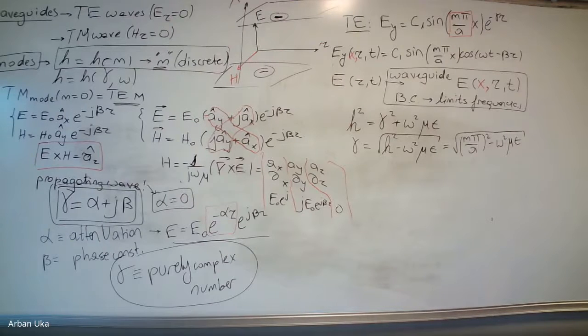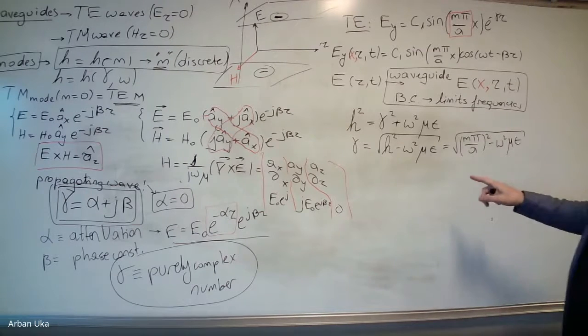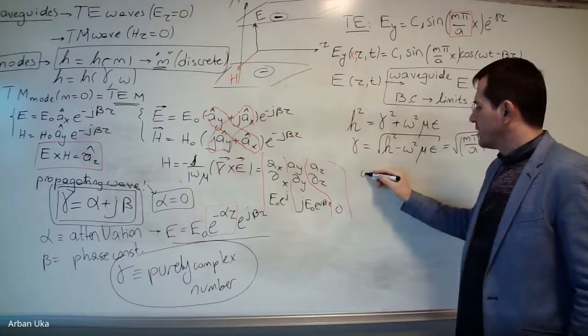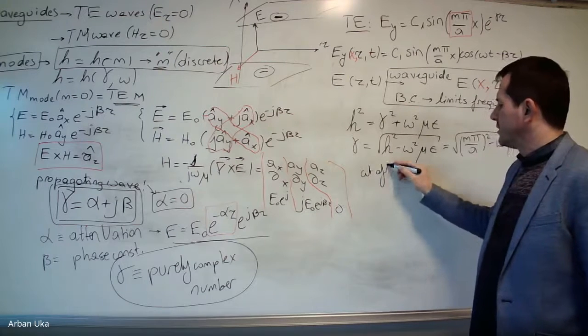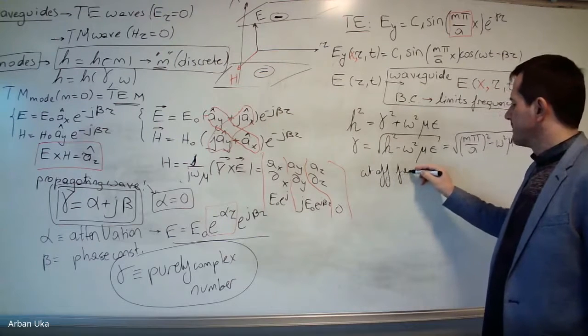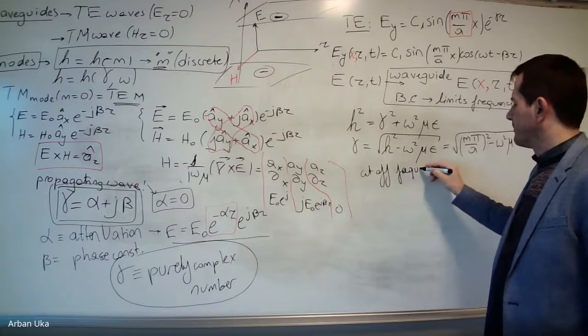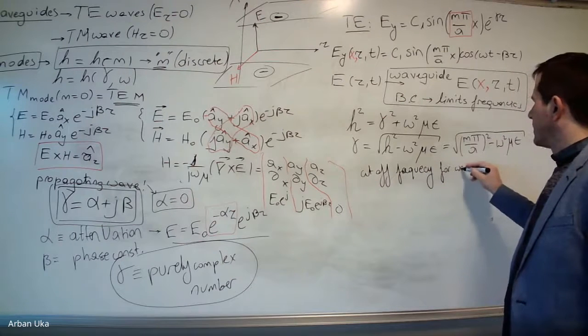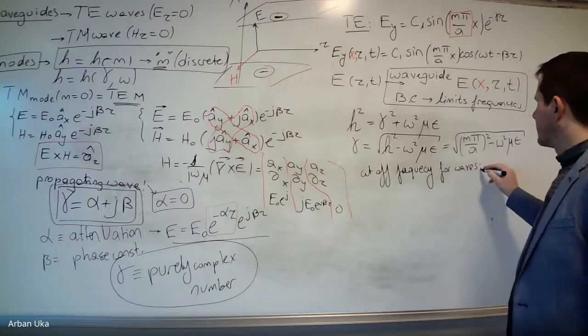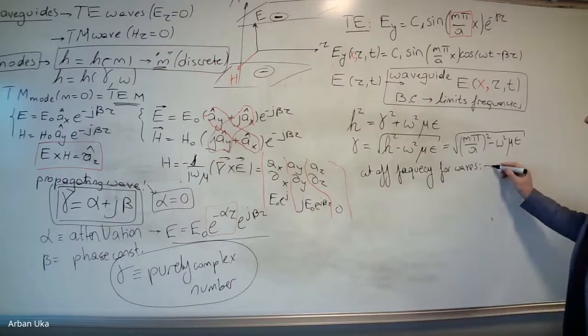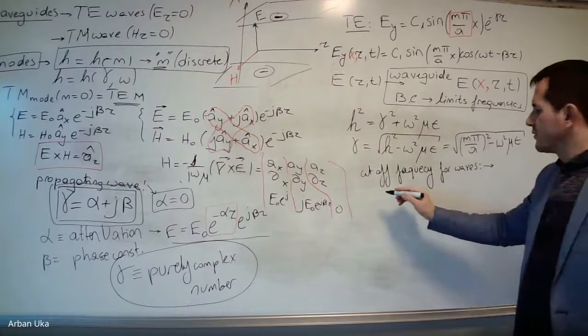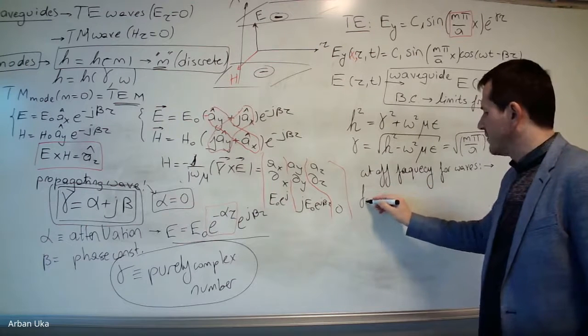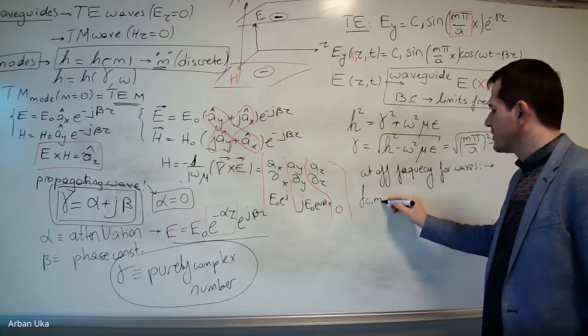And then we said that, from this expression, it looks like we have a cutoff frequency for the waves. So apparently we have a cutoff frequency for the waves, which makes itself apparent here. This cutoff frequency, we denote as F cutoff as a function of m.